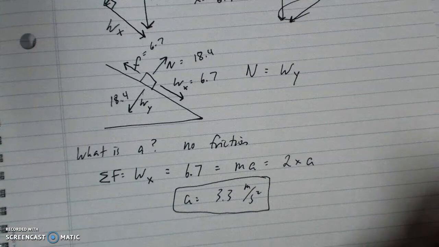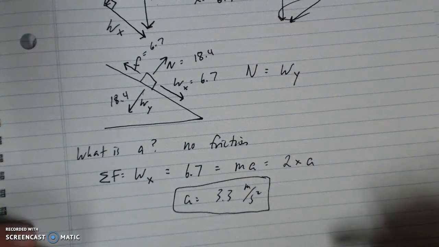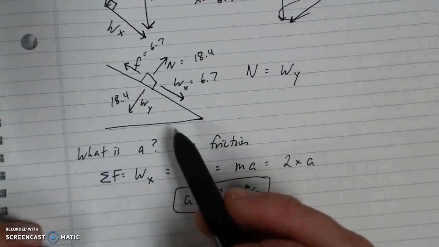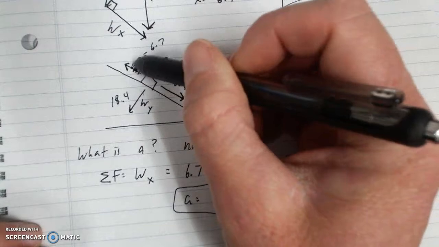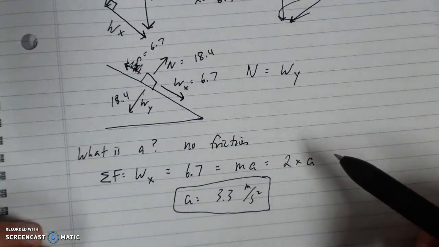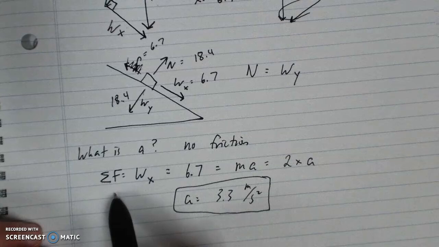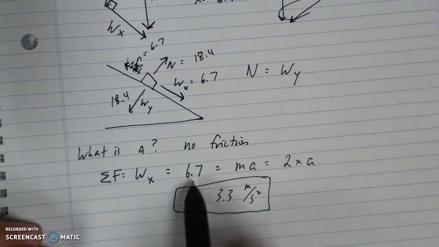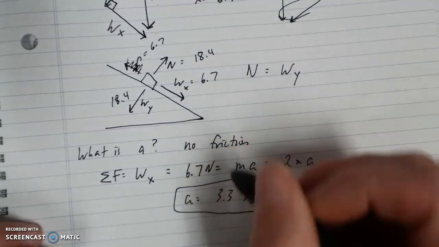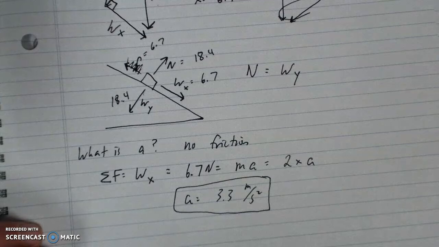But let's say that friction is all of a sudden reduced to nothing. In that case, this force goes away, and we're going to have a net force, aren't we? We're going to have a net force down the ramp of 6.7 newtons. What might be the acceleration of that block at this point?